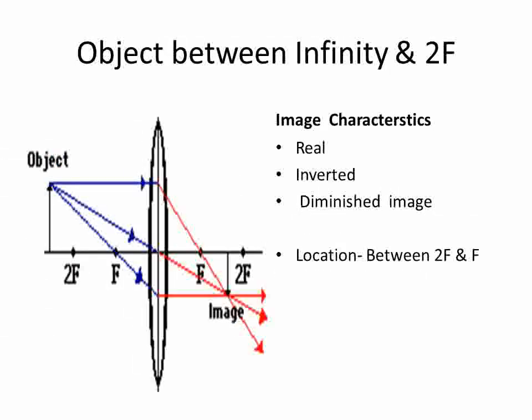Case number 2, object between infinity and 2f. In the first case, we were coming from infinity, and now the object is shifting from infinity towards the lens. Therefore, object location is between infinity and 2f.